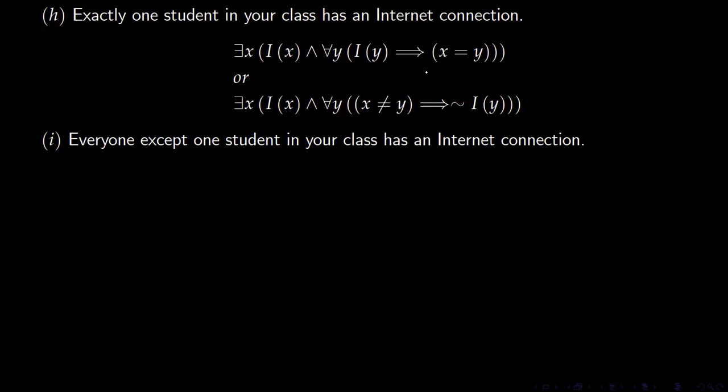Then, everyone except one student in your class has an internet connection. So we have to ensure that there is one student who does not have an internet connection.